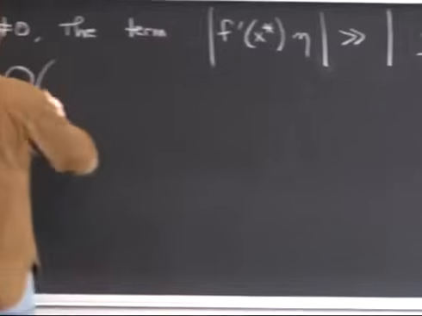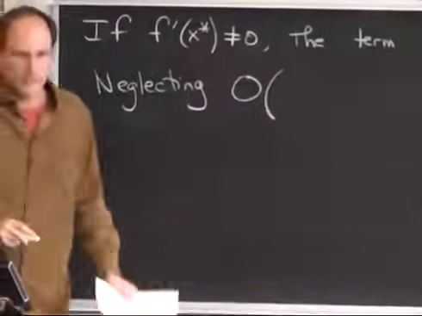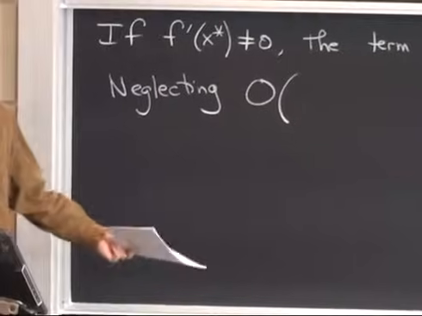So I'll frequently use this notation. This is big O. That's not a 0. That's the capital O that stands for the order of.